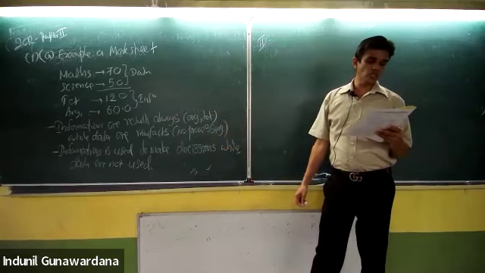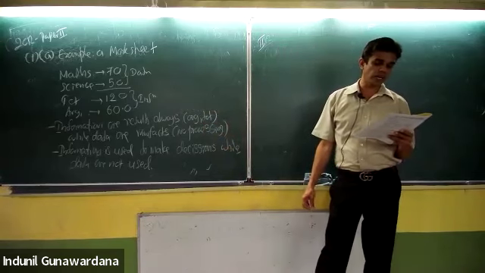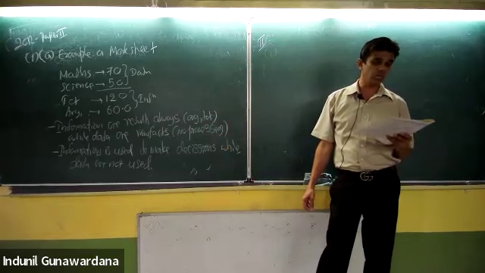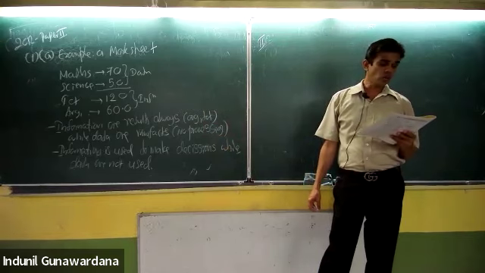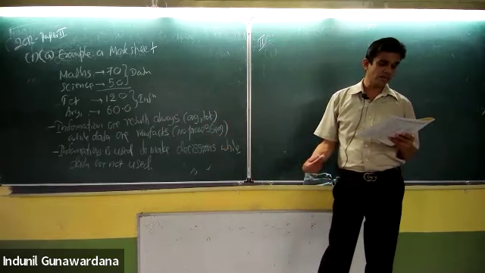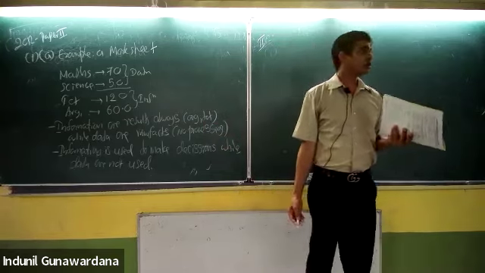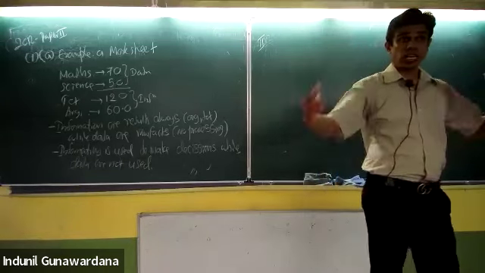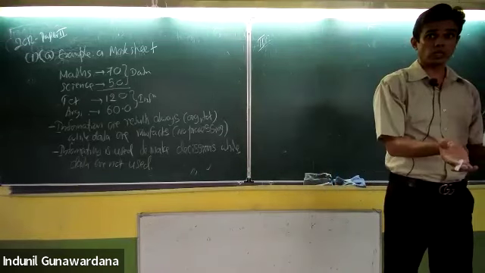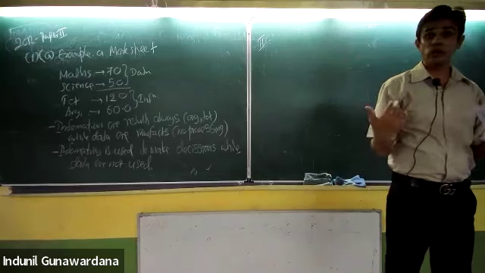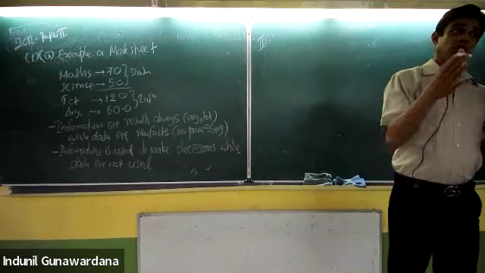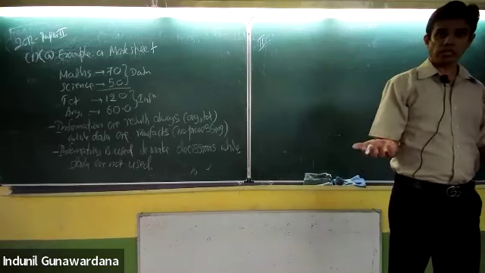Then the second one. Give 3 drawbacks of manual methods in manipulating data in bulk. 3 drawbacks, disadvantages of manual methods in manipulating data in bulk. Whenever we process data in bulk, huge volumes, what are the troubles in manual methods? We have to compare that with the electronic methods.